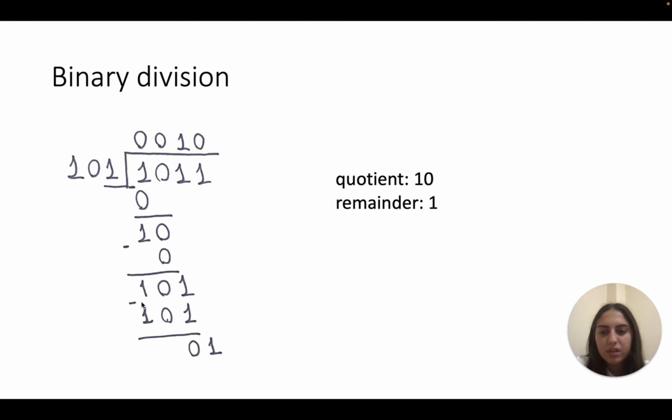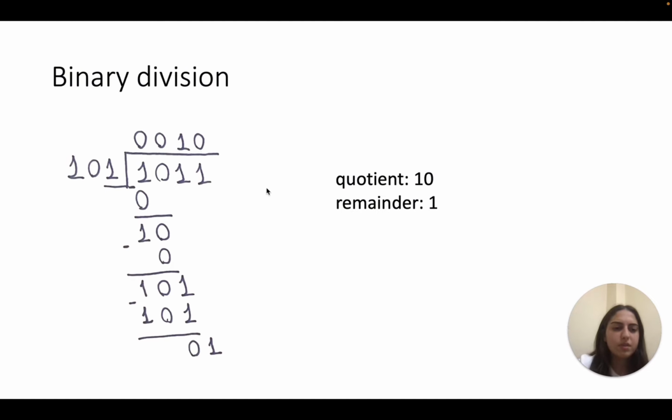And then we subtract that 101 and get 0 here. And when we put this 1 near the 0, we see that 1 is smaller than 101, and we don't have any numbers left to put down. That's why the 1 is the remainder here. And at the top, the zeros from the left don't count. So the quotient will just be 10.